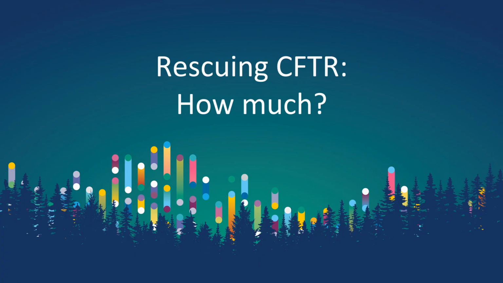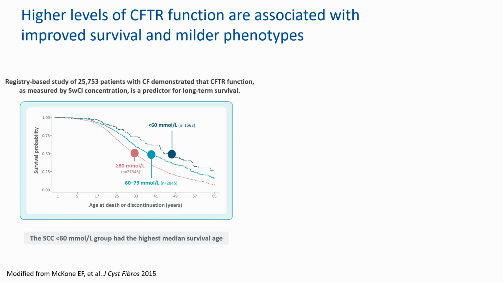So let's start with the first question. How much CFTR do we need to rescue? For that, we first look at the natural history of CF, and we have registry data from before the age of modulators, where a registry analysis showed that patients that have sweat chloride levels below 60 millimolar show a higher survival compared to patients over 80 or in between 60 and 79 millimolar.